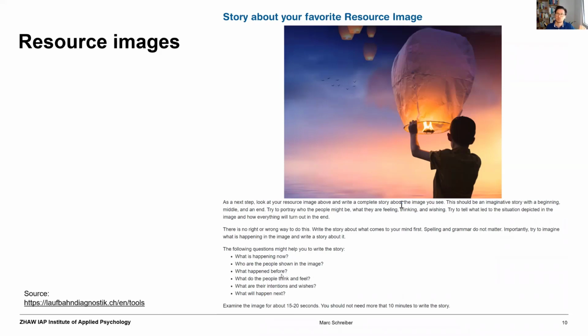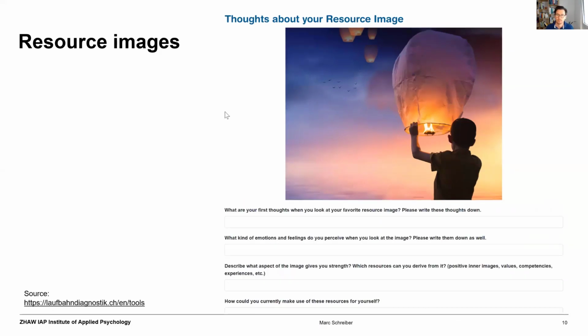And we work with the story. We can deconstruct emotions, motives, needs, or even life themes out of the story clients write about the resource image. Clients are also guided through a reflection process where they start with first thoughts when looking at their favorite resource image, then emotions and feelings, and also strengths and resources.